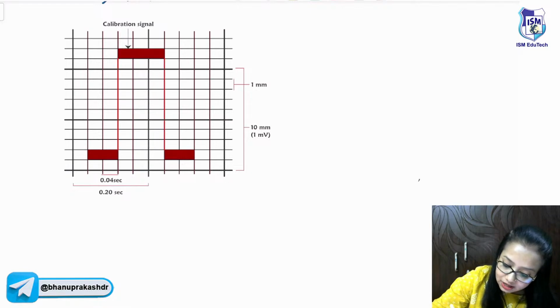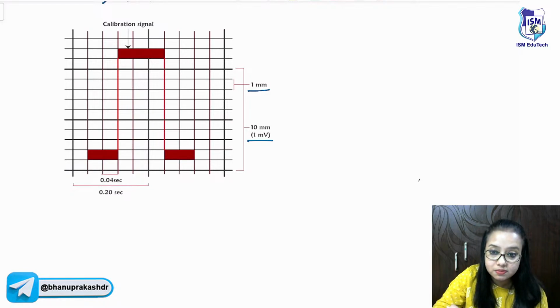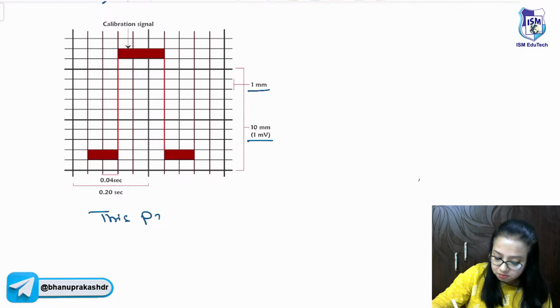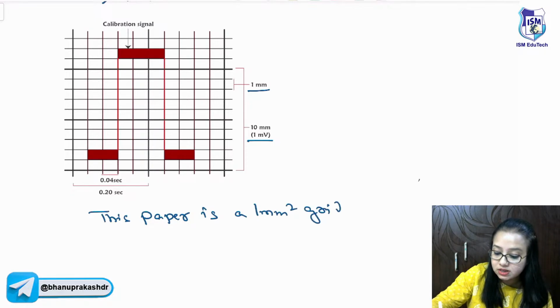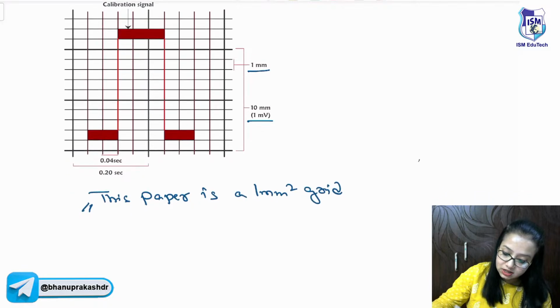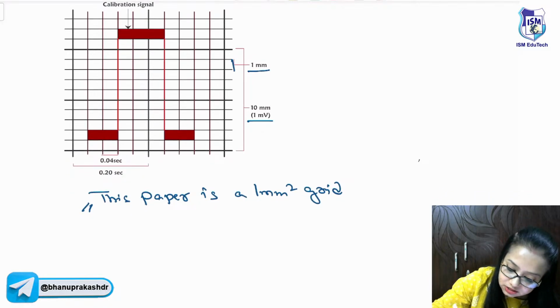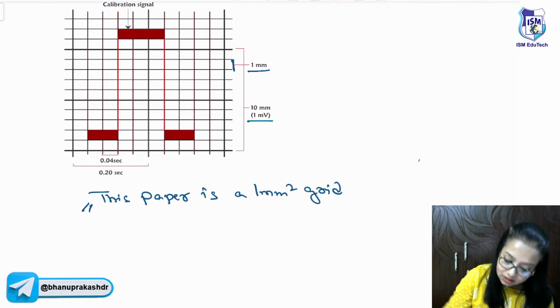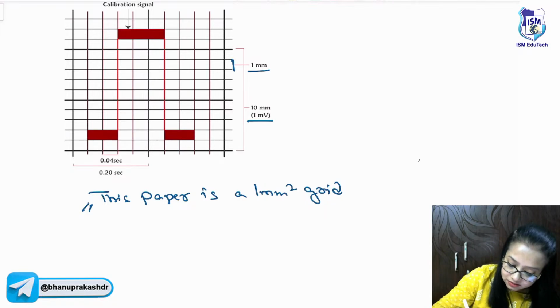Vertically we have this small square which is 1 millimeter. This paper is a 1 millimeter square grid. Each small box is 1 millimeter vertically, that is upwards, and horizontally it reflects the time.